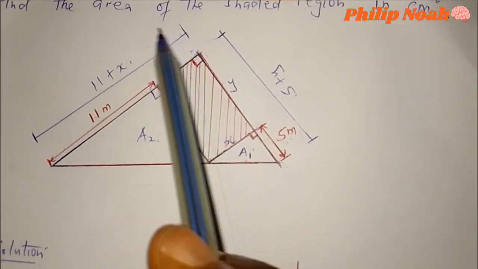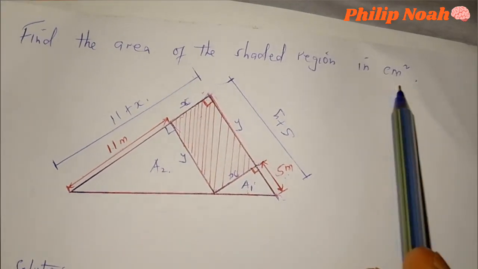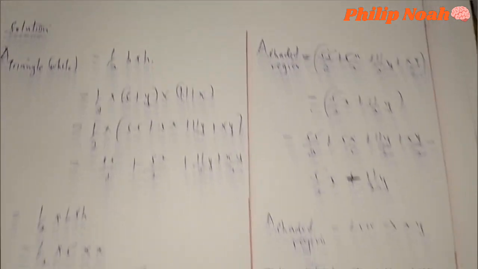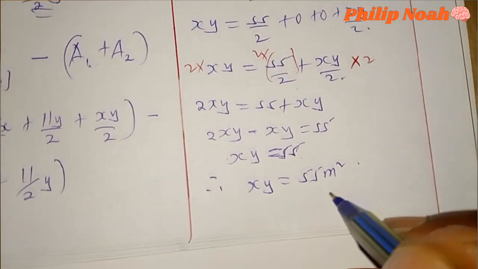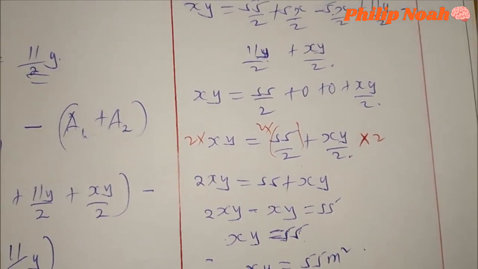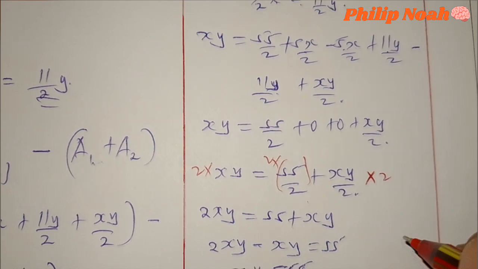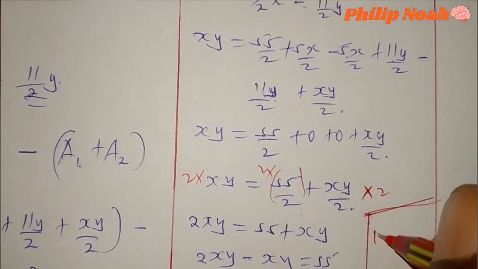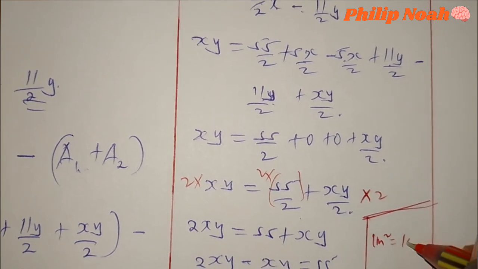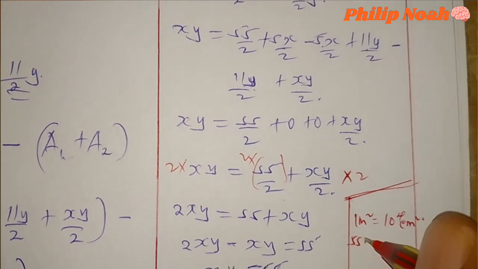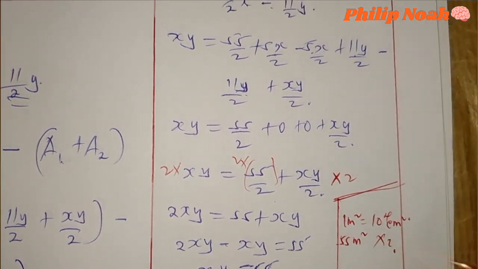But we have been asked to find this area in centimeter square. You have to remember that. So you just convert this to centimeter square and say that 1 meter square is equivalent to 10 raised to power 4 centimeter square. What about 55 meter square? Cross multiply.